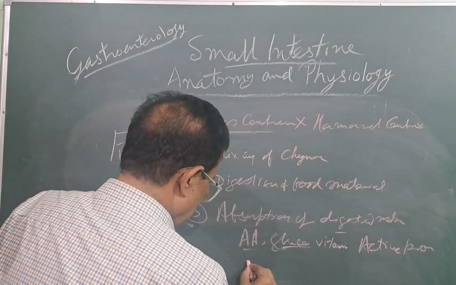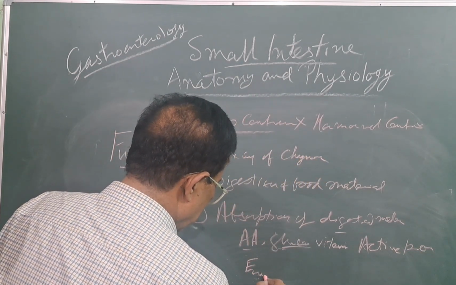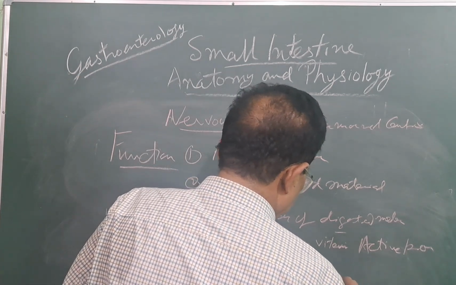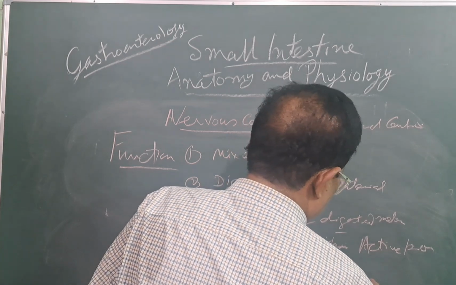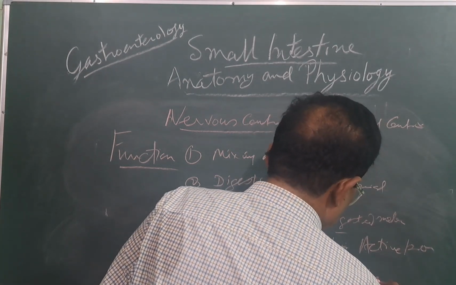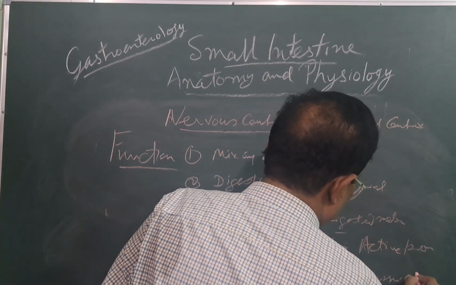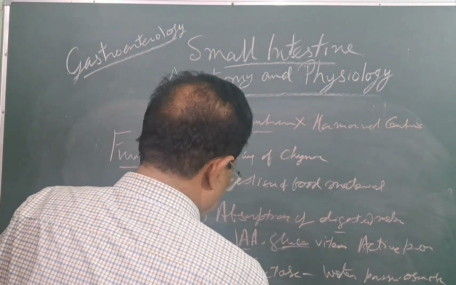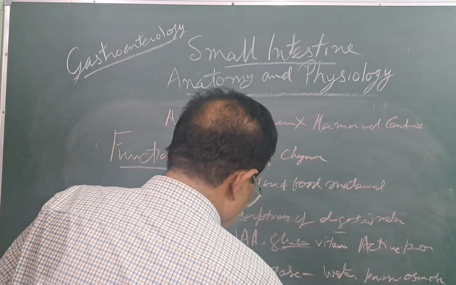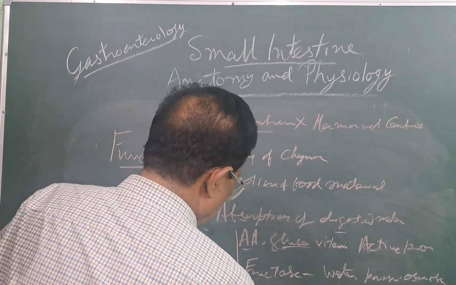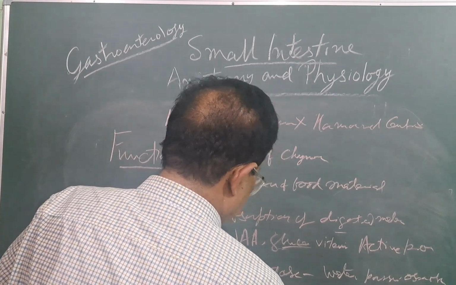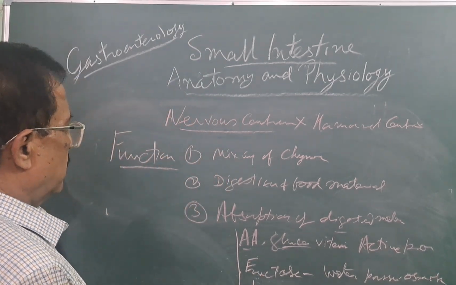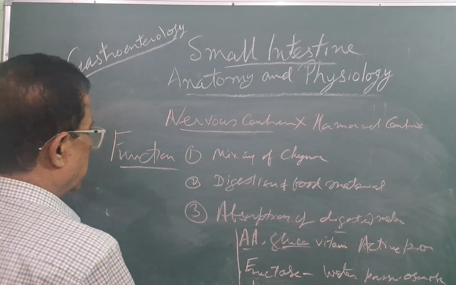But absorption of fructose is passive. Water absorption is also passive, due to osmosis, and lipids and their digested products are absorbed passively.